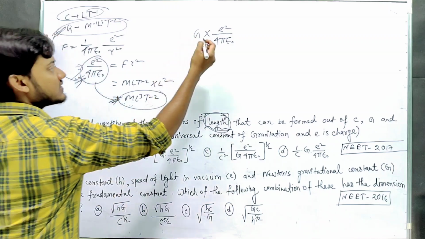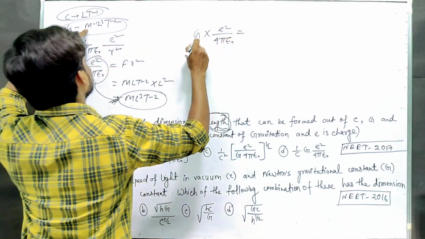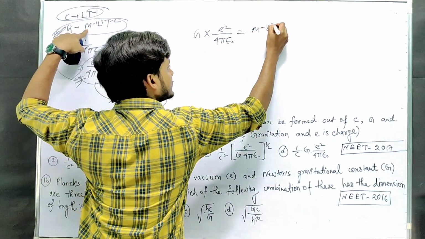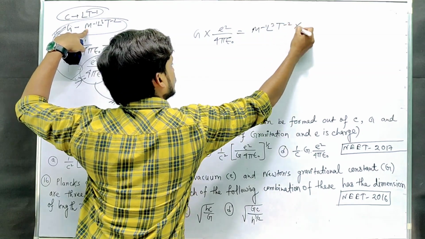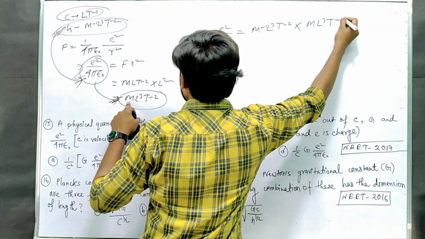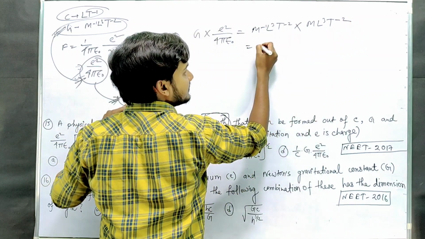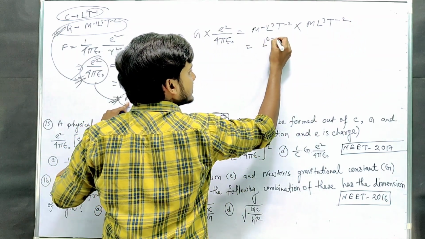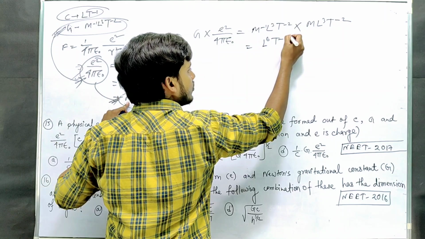So we just write it: G equals M inverse L cube T inverse 2, E square by 4 pi epsilon naught is M L cube T inverse 2. Now M and M inverse cancel out, L cube times L cube is L to the power 6, T to the power minus 4.